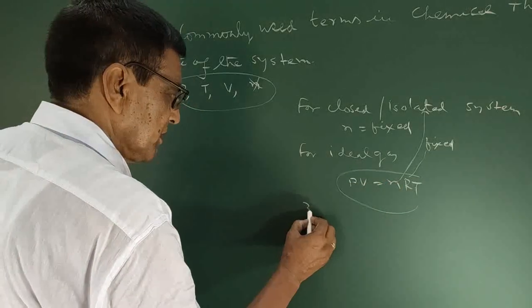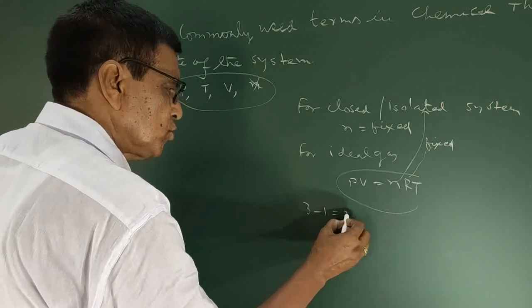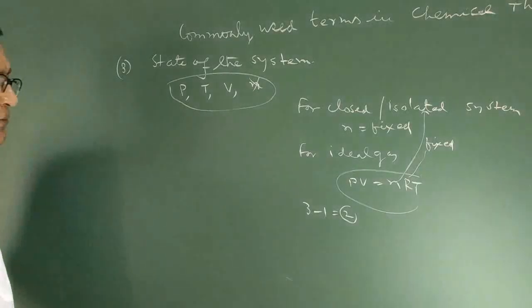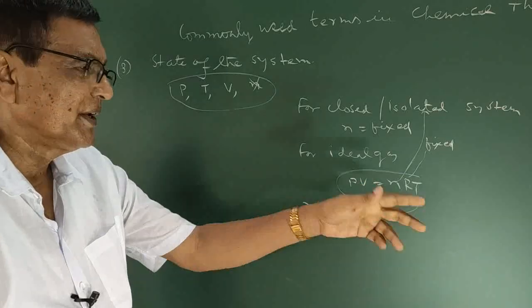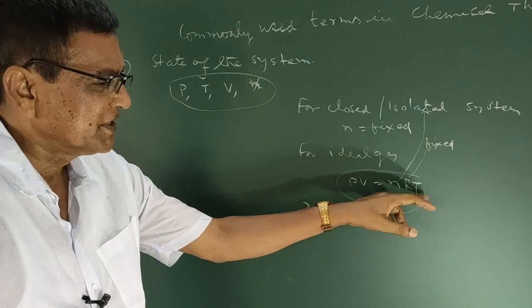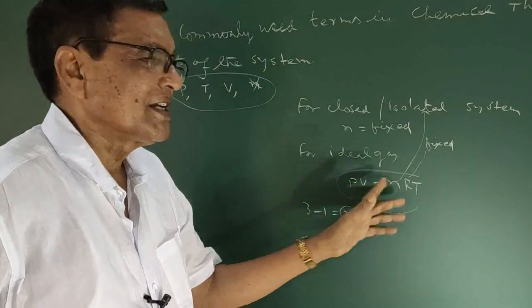So three variables and one equation means one restriction. So two variables we can change independently. If we change pressure and volume, then temperature will be automatically fixed, given by this equation. If we change pressure and temperature according to our own choice independently, then V is fixed, and so on.